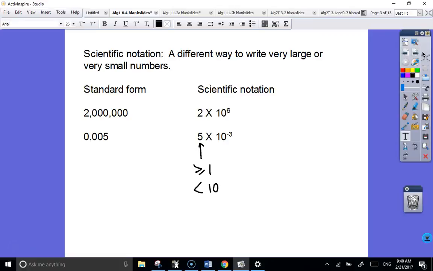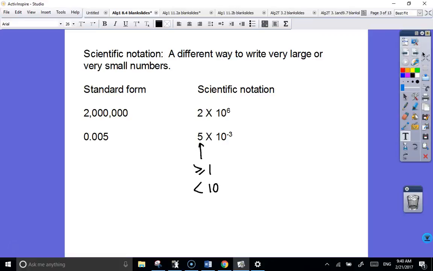Usually the way I think of it is, if I'm making this number smaller, then I should be making that number bigger. They should change in opposite directions, right? So if I want this number 0.005 to have that first number between 1 and 10, I've got to move the decimal place over how many times? 1, 2, 3 times, okay?